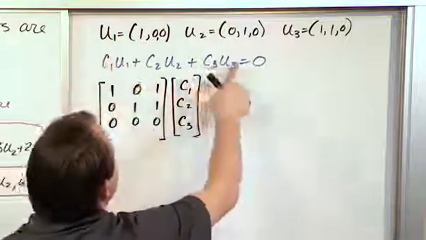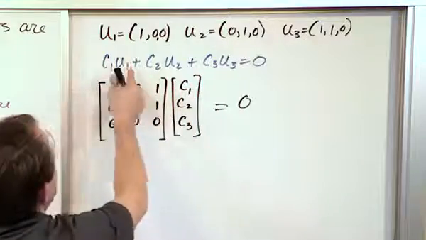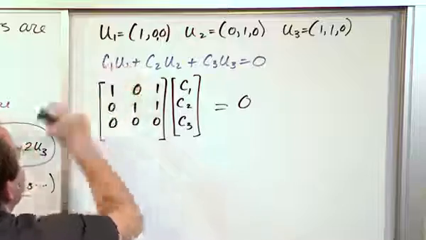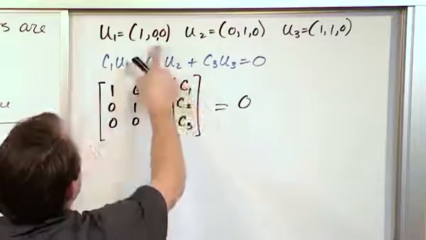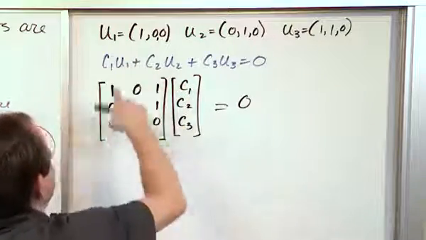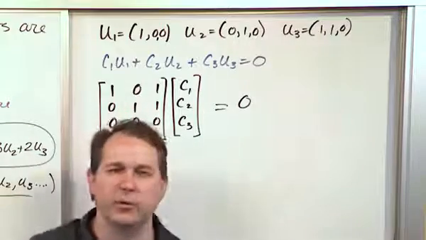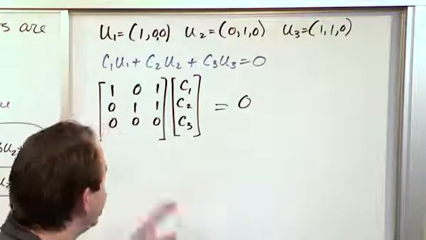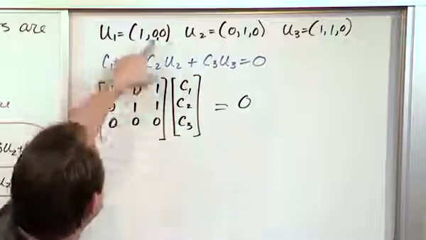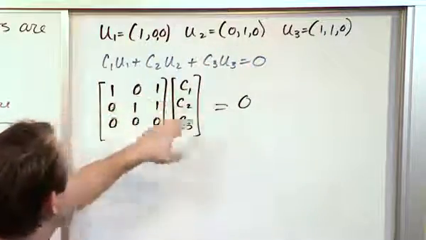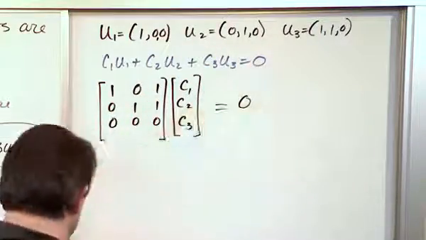Because we're trying to fit it into the form of this equation, the elements of U1 are the only thing that gets multiplied by C1, so we write the elements of U1 down. It's something I'm explaining to you, but really what you need to get in the habit of doing is, when you're testing for linear independence, you write the test vectors down in a matrix, and then you have the C matrix and so on.